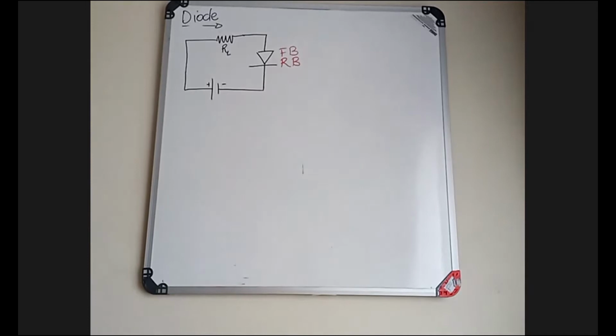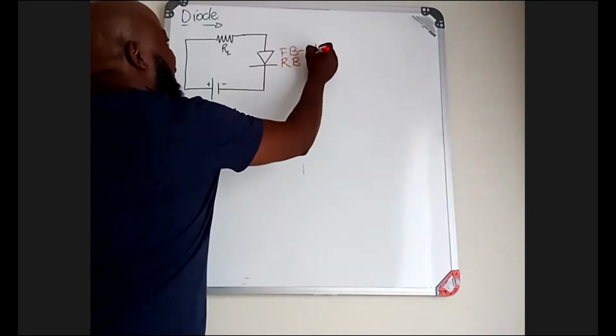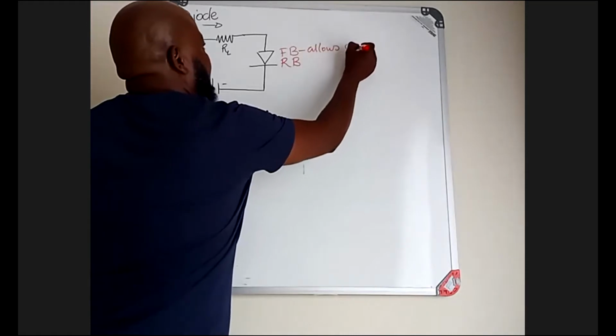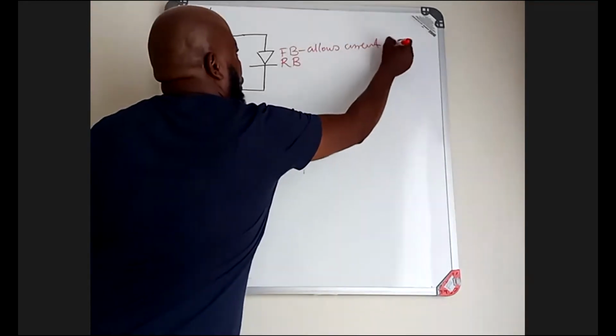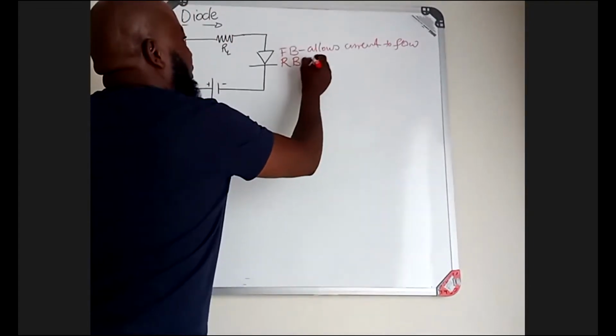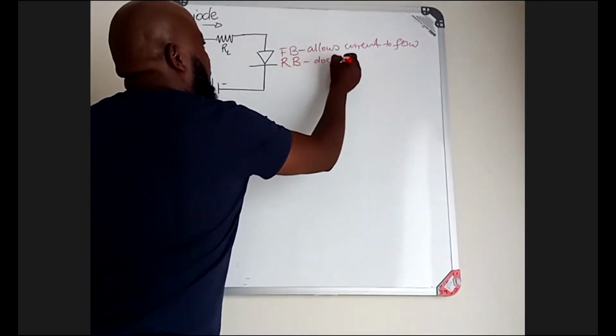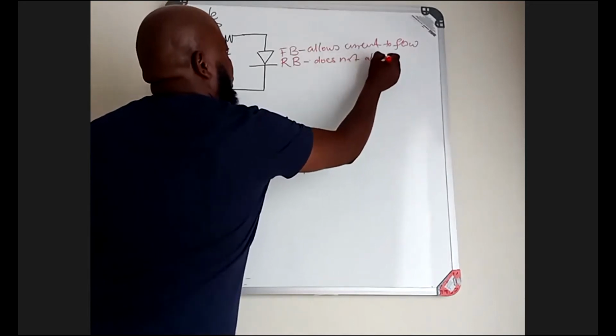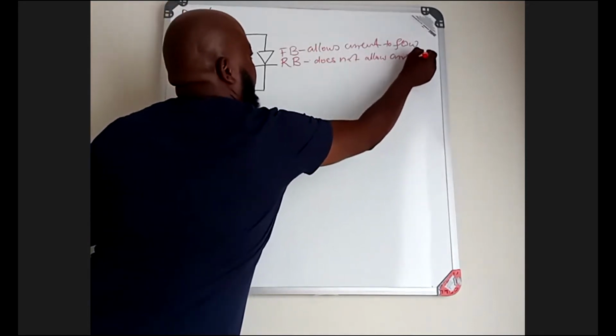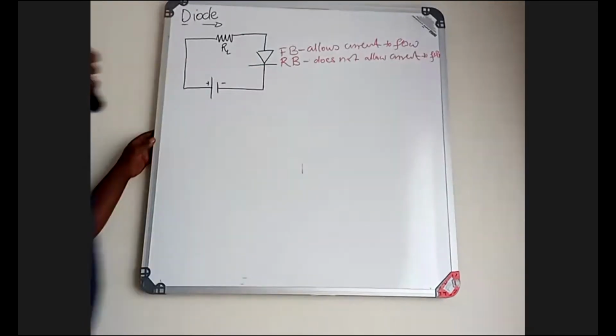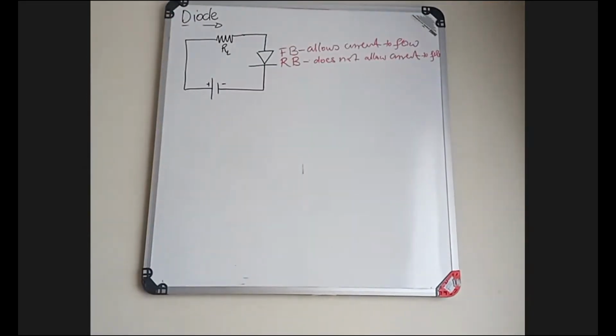With forward bias and reverse bias, it either allows current to flow or it does not allow current to flow.